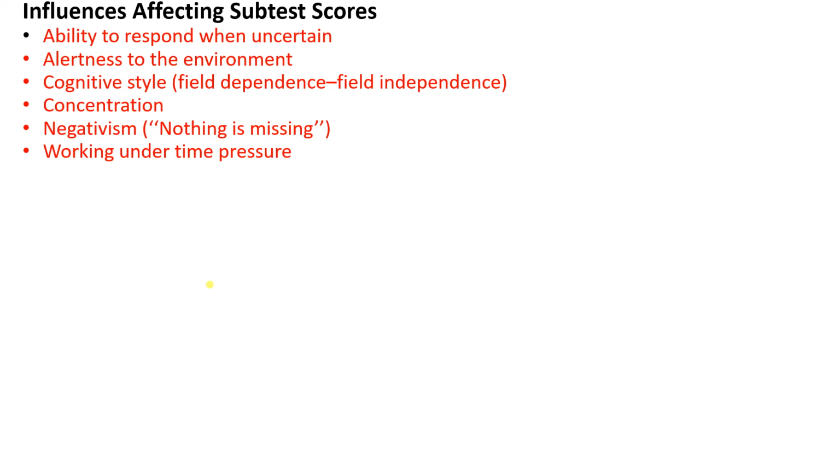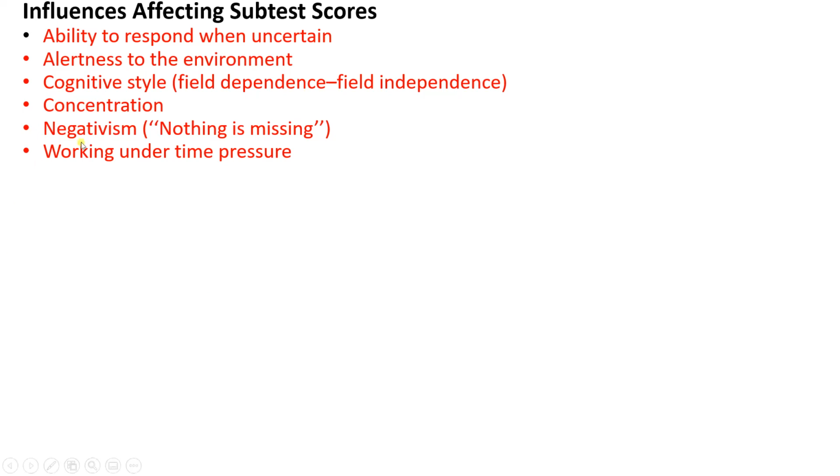The factors that can influence the test performance include almost similar ability to respond when uncertain, alertness to the environment, cognitive style, field dependent versus field independent. Field independent individuals are likely to perform better.